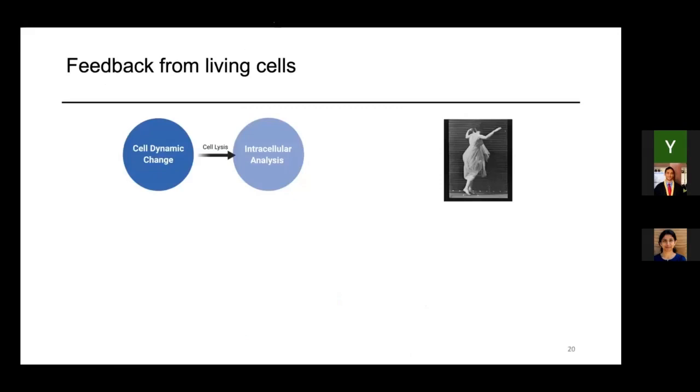The conventional way to interrogate gene expression in cells is that we have to tear the cell apart to collect the intracellular content for analysis. The issue with the current method is that we only get a snapshot of the current state of the cell, and because the cell is dead after analysis, we cannot know the future development of the cell.